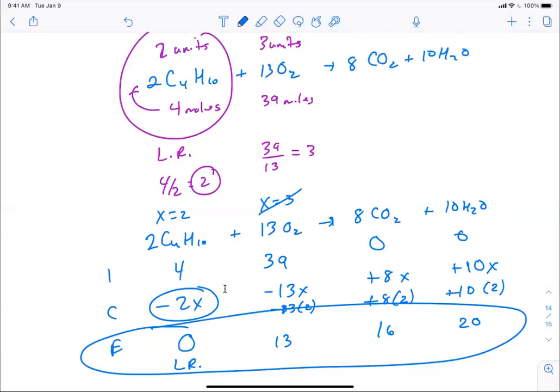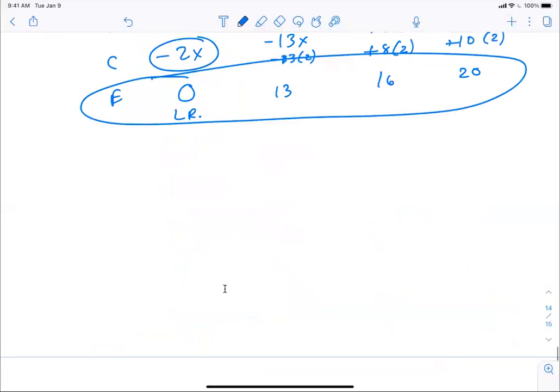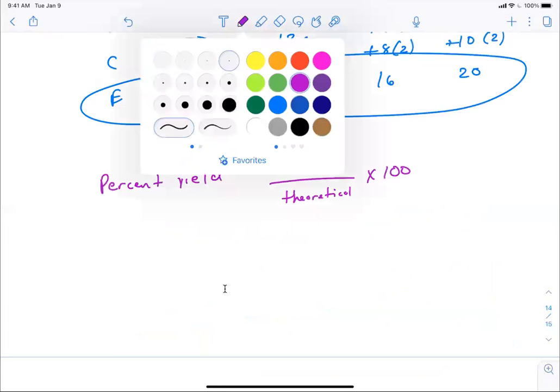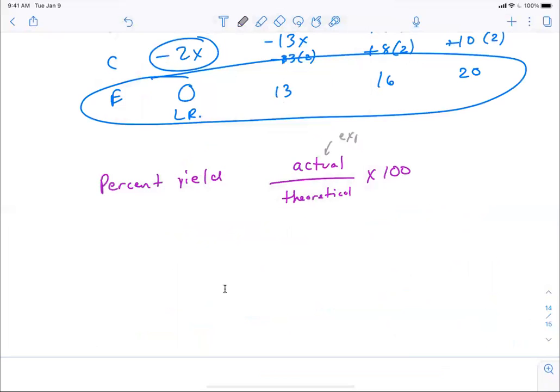Okay. One last thing and we'll call it a day. Percent yield. Just a reminder, percent yield is actual over theoretical times 100. So the actual is your experimental value.